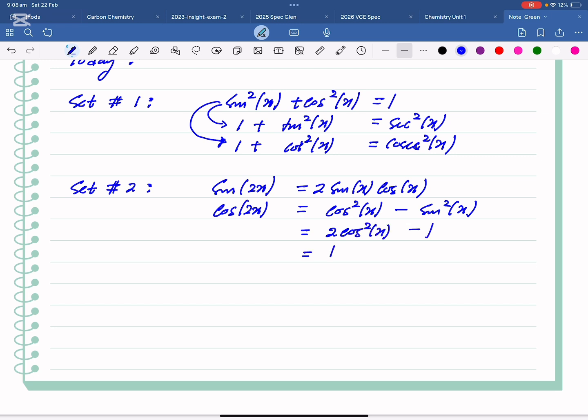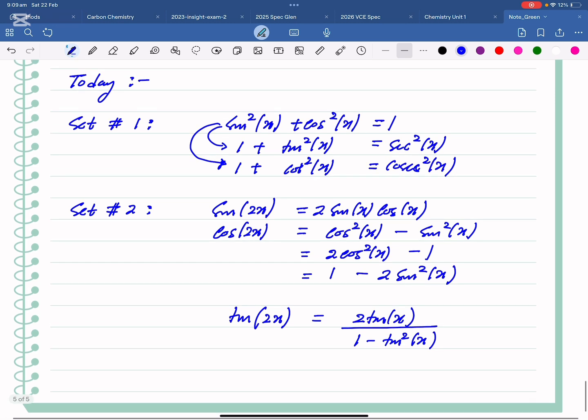Then the other one is 1 minus 2 sine squared x. That is what we proved. Then finally we did tan 2x, which is equal to 2 tan x divided by 1 minus tan squared x. So there are 6 equations in 2 sets.